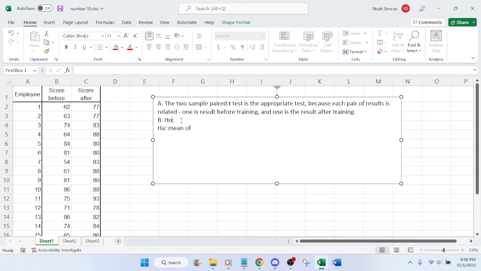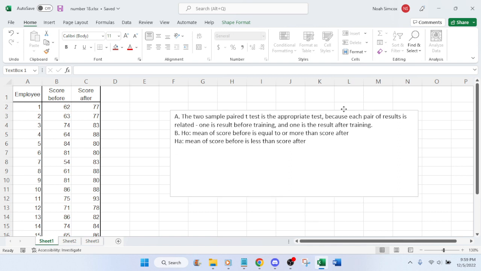Okay, so H0, mean of score before is equal to or more than score after, and HA, mean of score before is less than score after, I think. That's probably going to be wrong.